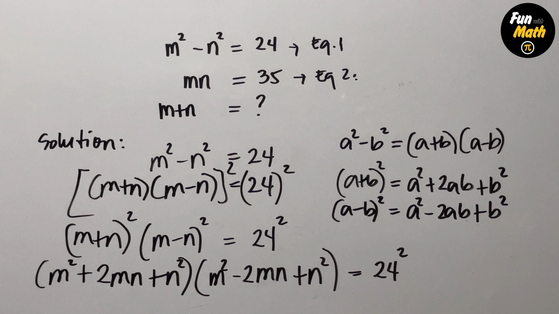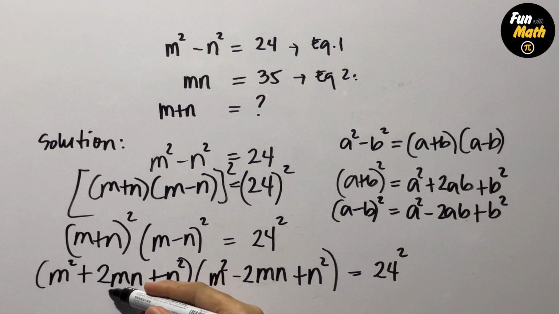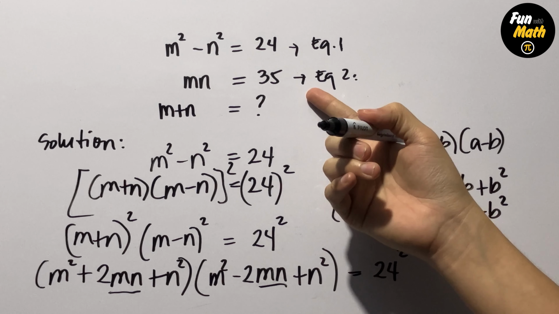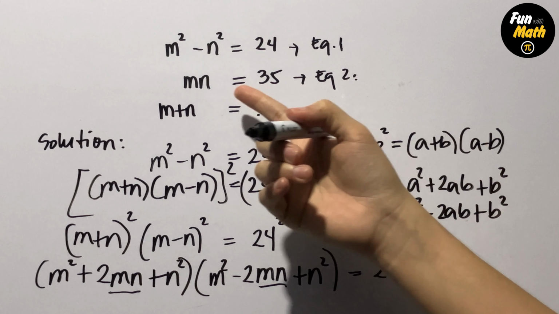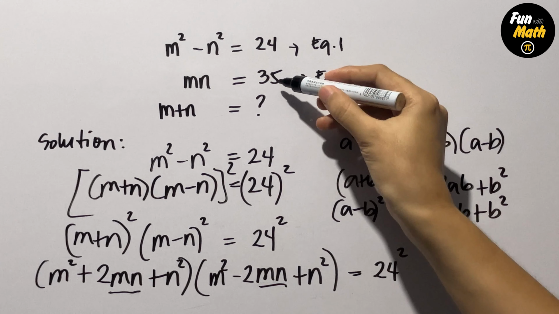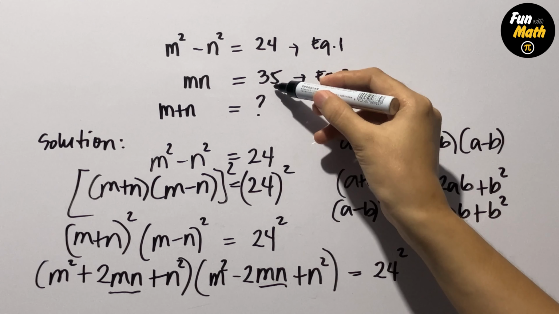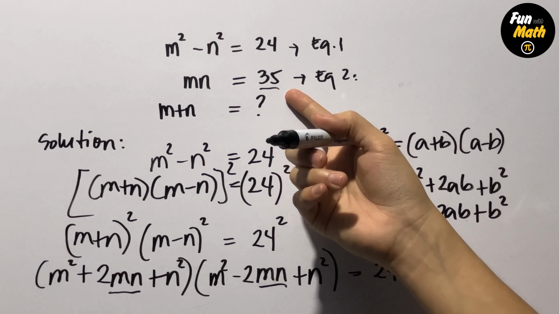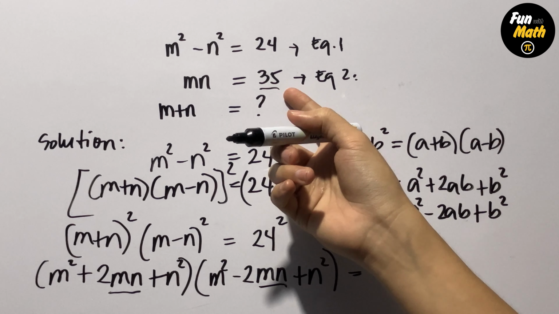Now, if you observe, we have mn here and also here. And if we go back to our problem, equation 2 is mn is equal to 35. So we have the value for mn, which is equal to 35. And for this 35, we can use this to substitute here.